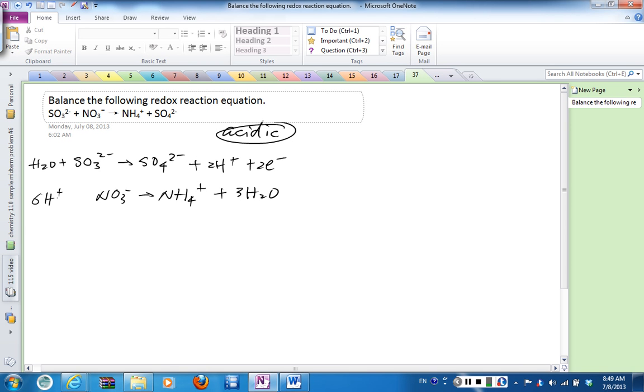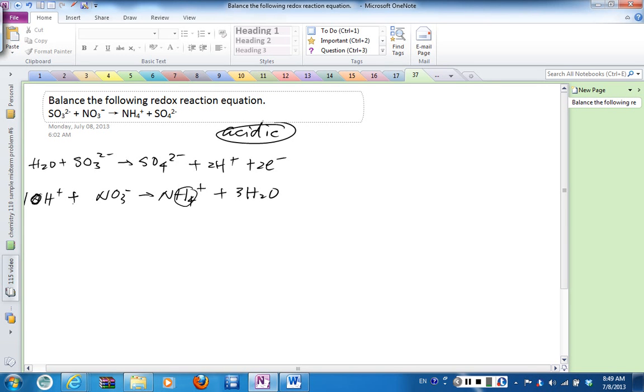If you do that, you'll be making a mistake because, look at ammonium. You already got 4 hydrogen there, and that needs to be taken into consideration from the beginning. So instead of 6, you should have 10 H plus ions put on the left side. Now you get the real balance of hydrogen.